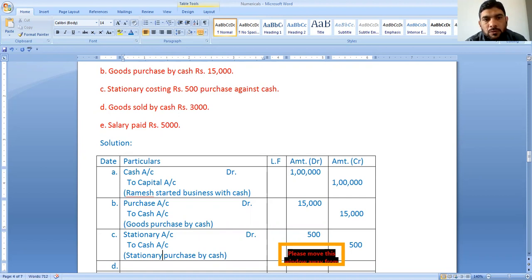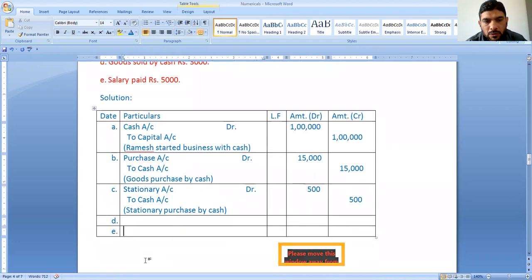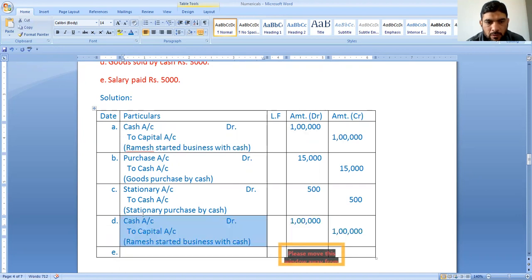Next one is goods sold by cash rupees 3,000. That means now the goods have been sold for rupees 3,000 by cash. We will write over here cash account in the debit column and to sales, as sales has been made over here for rupees 3,000.